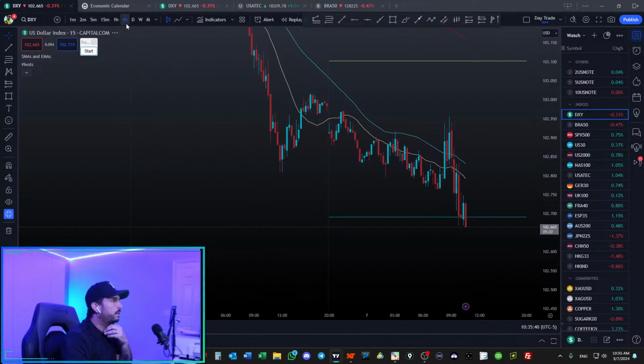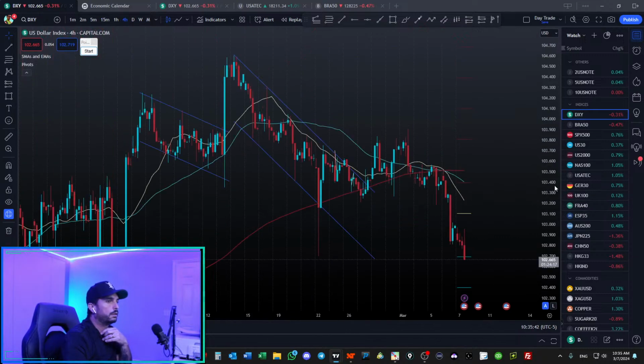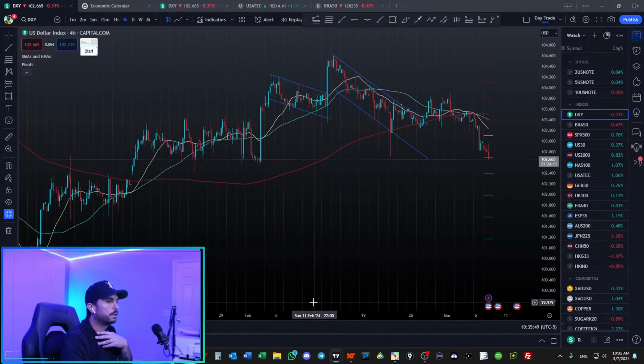If that breaks, what's the downside? It's still quite a bit, so we can look for the next pivot point, this area over here.